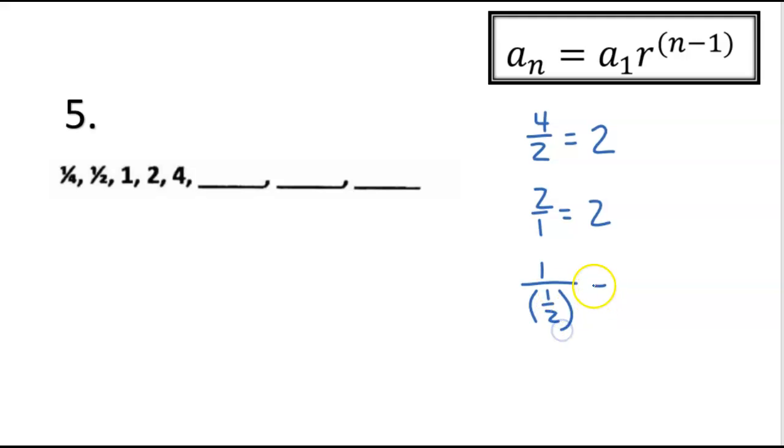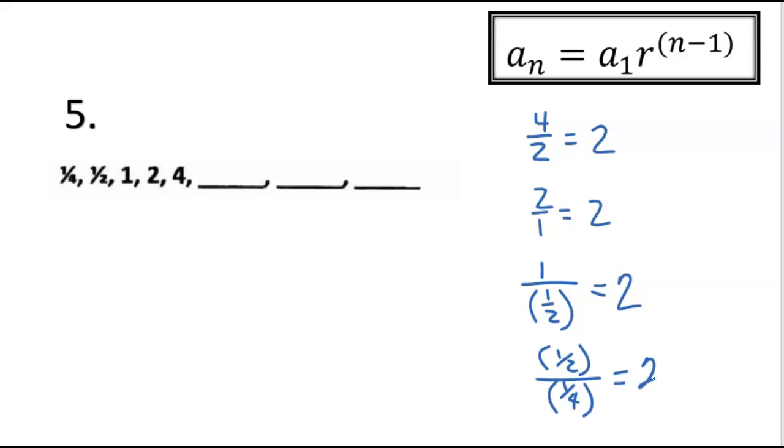Even when you get to the 1/2, you still get the same multiplier number. A half divided by a fourth. What's my multiplier number?